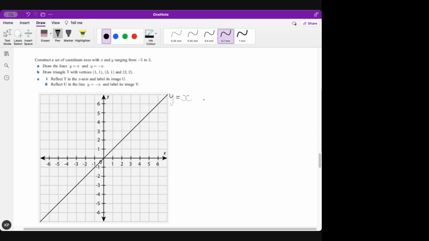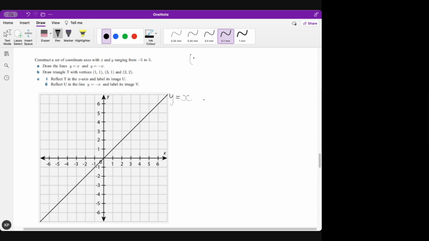Where do you think the line y is equal to negative x is going to be? It's here. Anyone? The line y is equal to negative x. Let's actually practice using coordinates.